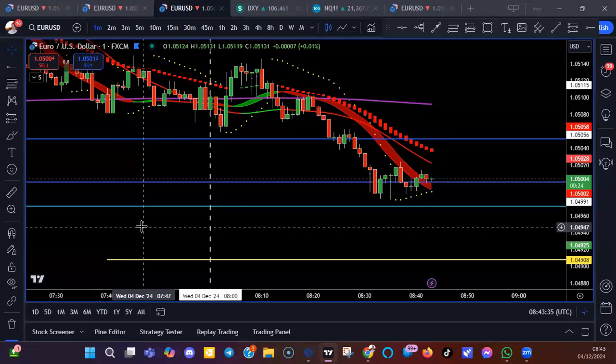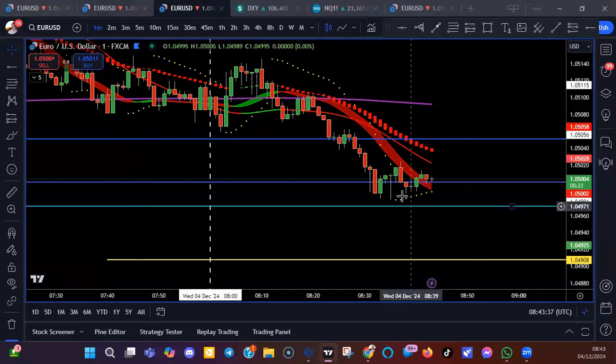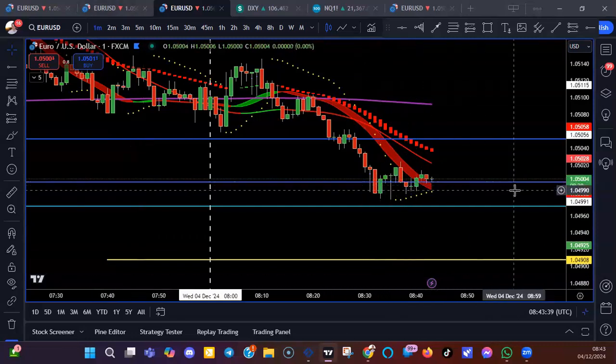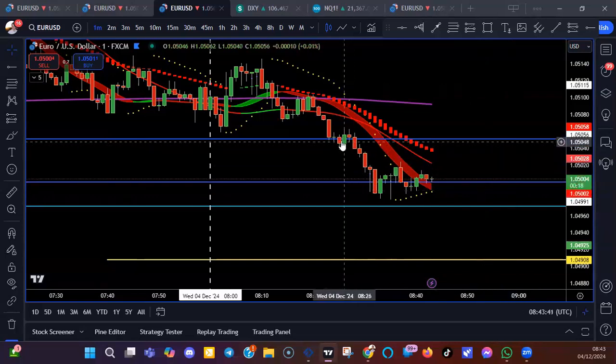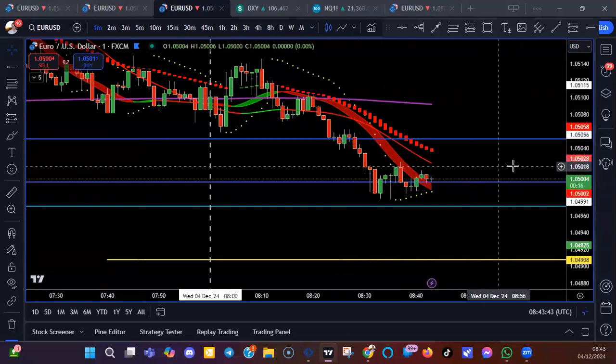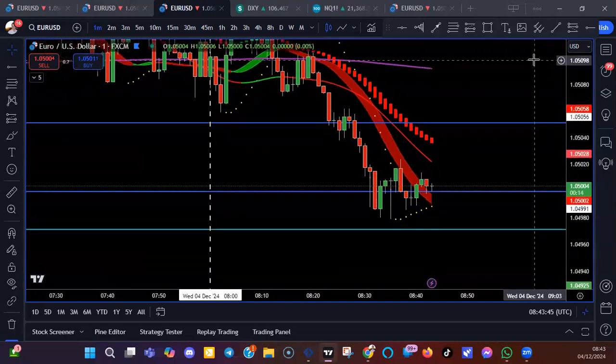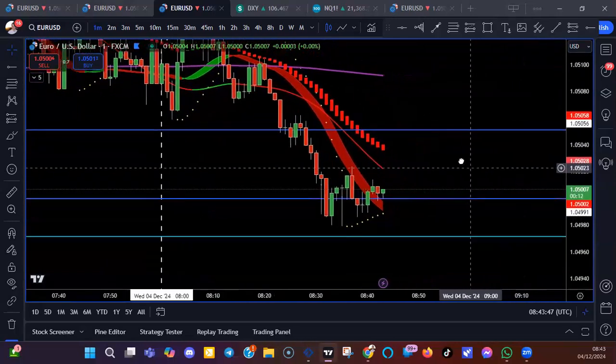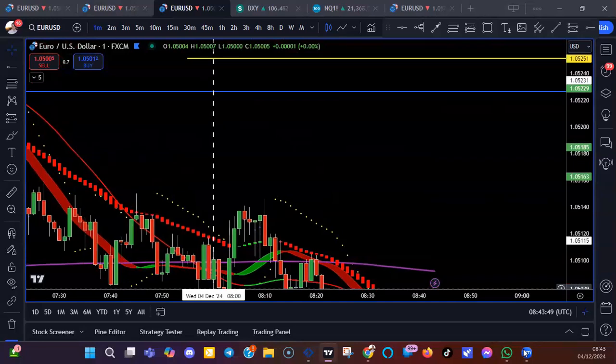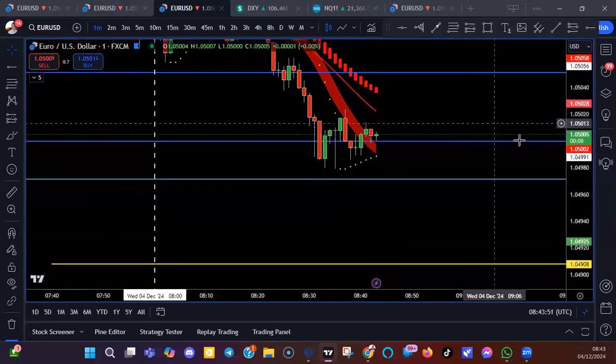Right, in 2 minutes we've got this news. Again, see how it's congregating around this support and resistance line. But we're well away from any zones.